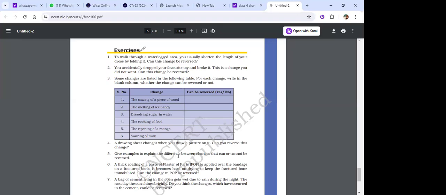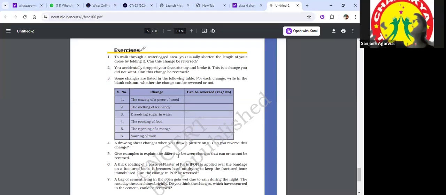Ma'am, can be. There are many examples. You can think of any physical change because usually physical changes are reversed.